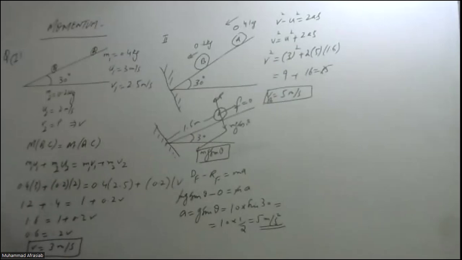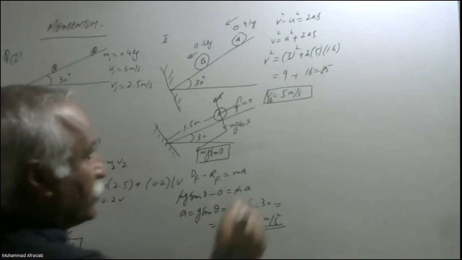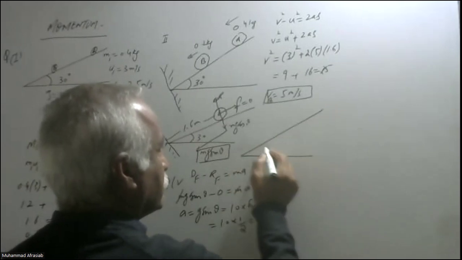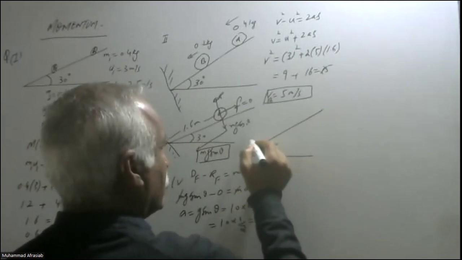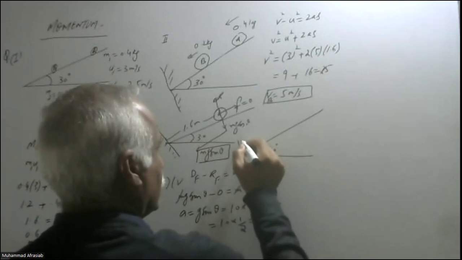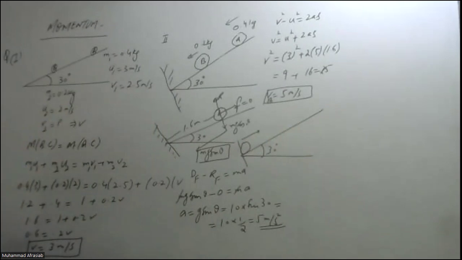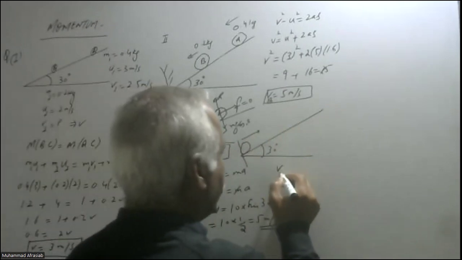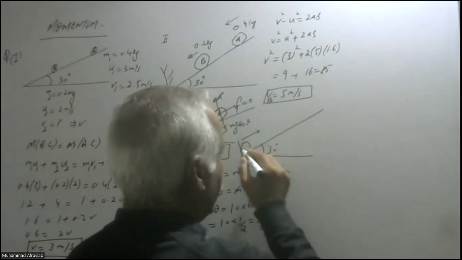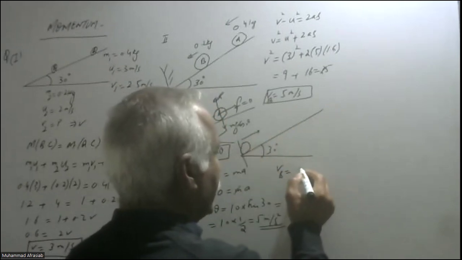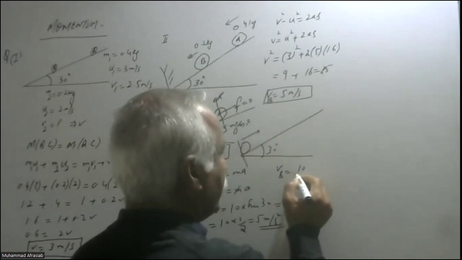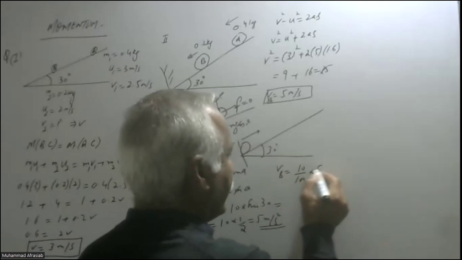Now, they said that when particle B hits the barrier, it bounces back, but its speed is reduced by 90% of the previous. So the speed of particle B after it bounces off the barrier is reduced by 90%, which means 10% will be left of this 5.